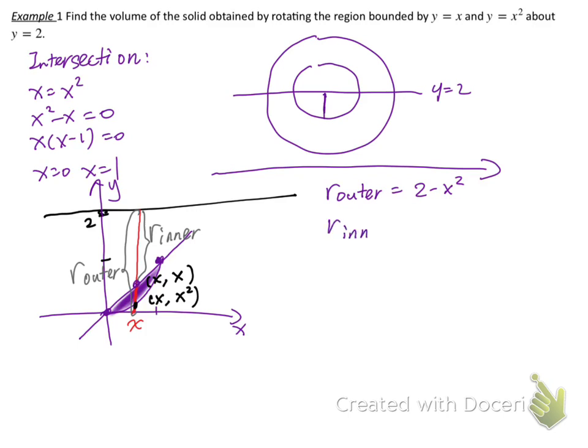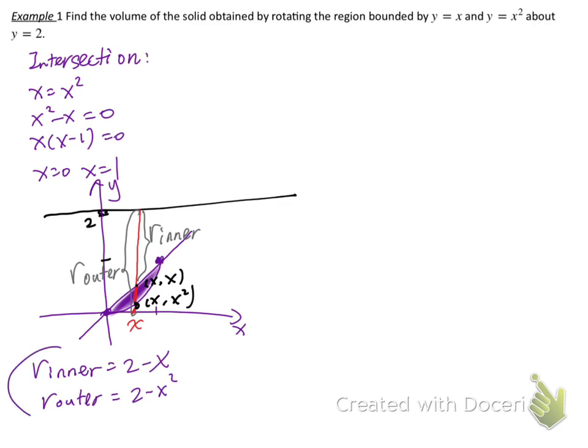And R inner is the difference on the y coordinate from my y equals 2 and my closer point on this little red line segment, which will be 2 minus x. Okay, now let me just take away all these and put it under my graph.